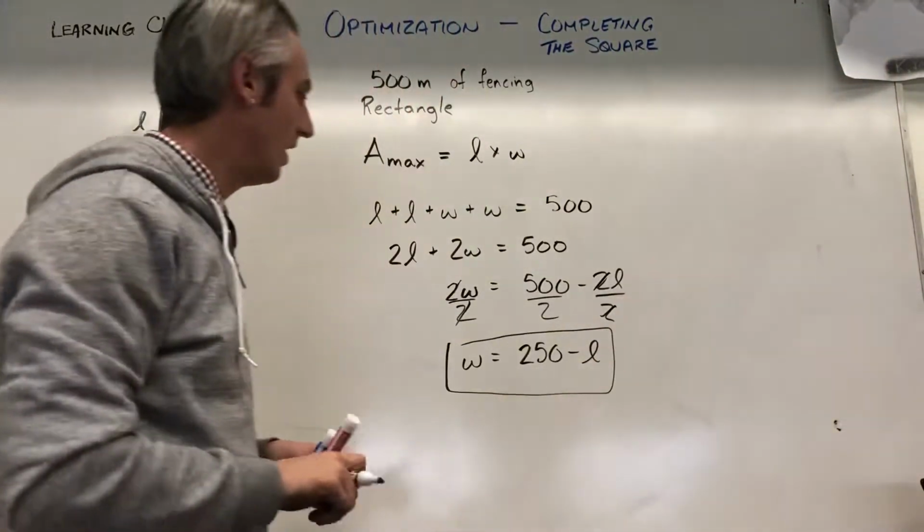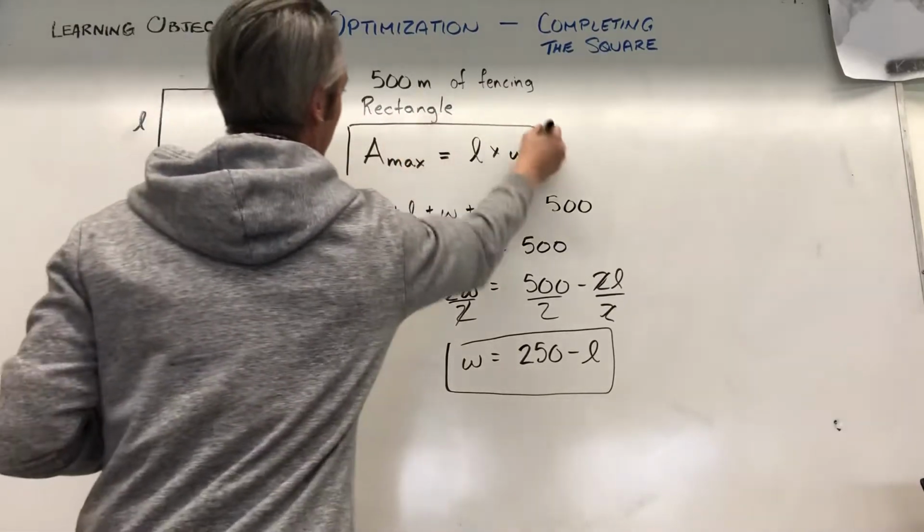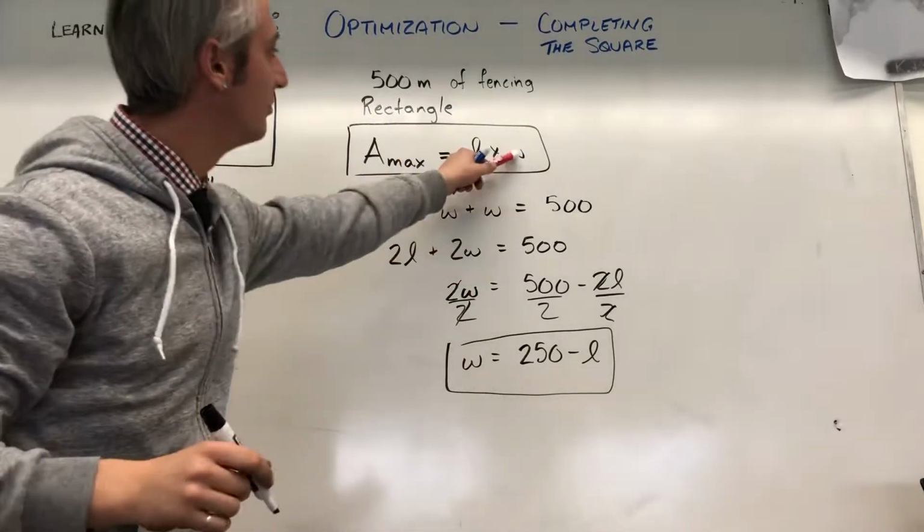So, from here, I have this equation, I have this equation. So I'm going to plug in, every time I see a W in here, I'm going to plug in this.